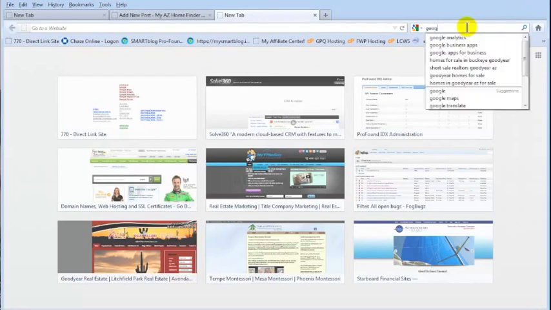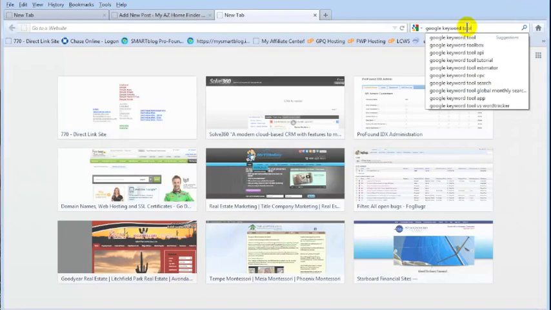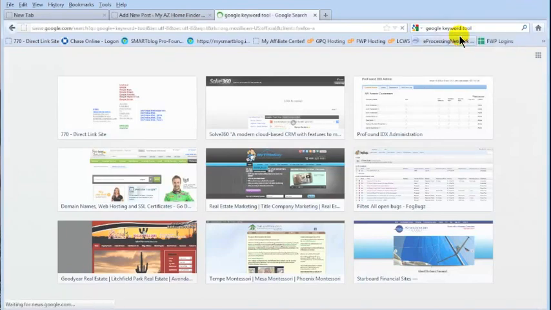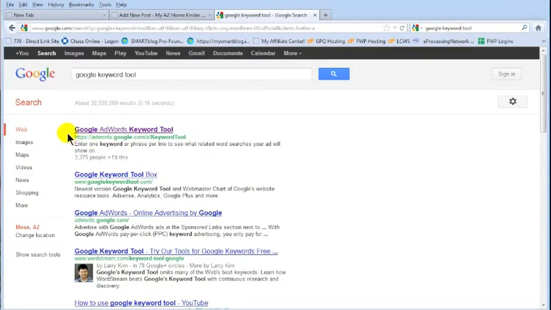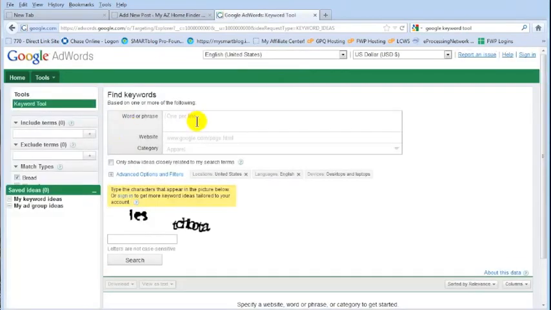So Google AdWords keyword tool. You guys want to find this in Google and bookmark it. It's a great tool to use for doing real high level keyword research.